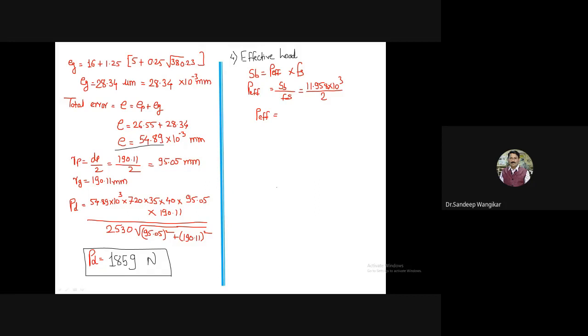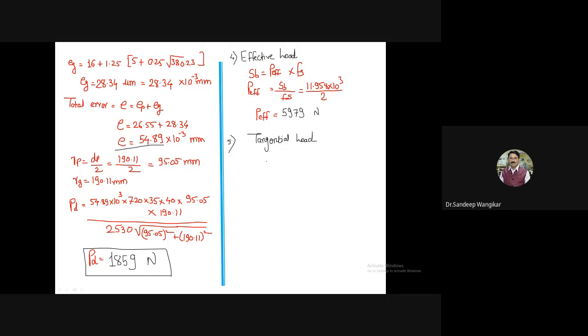5979 Newton. Then I will next move for the calculation of the tangential load.